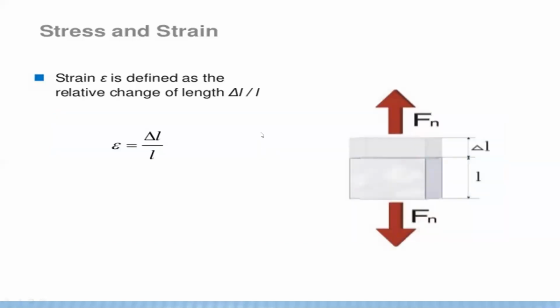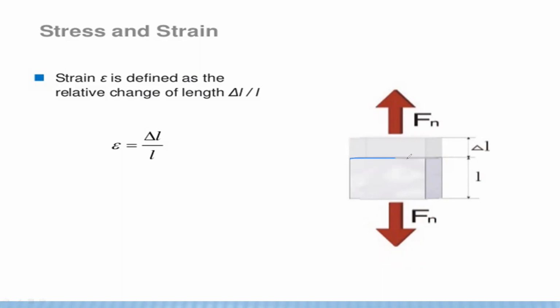You can observe that tensile strains are applied on this body. The strain epsilon is defined as the relative change of length.